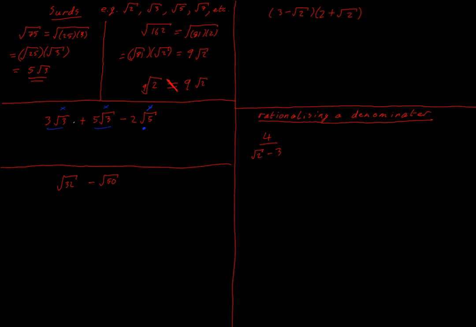So we can add up our square roots of 3, our surd form of this, and we have 3 square roots of 3 plus 5 square roots of 3, so we end up with a total of 8 square roots of 3 minus 2 square root of 5. And that's as far as we can go, leaving our answer in surd form.